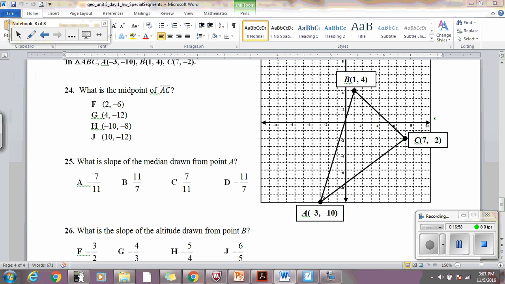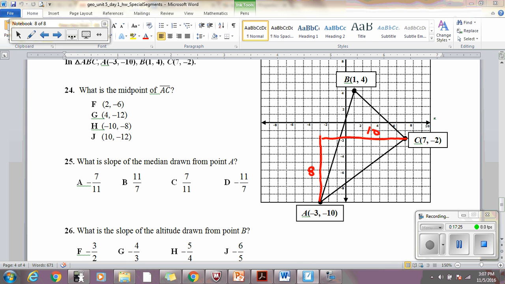Simply count the rise and the run from A to C. So let's start counting. 1, 2, 3, 4, 5, 6, 7, 8 up. And 1, 2, 3, 4, 5, 6, 7, 8, 9, 10 across.